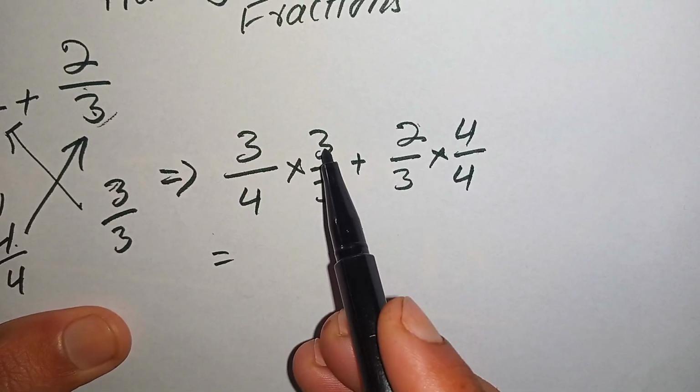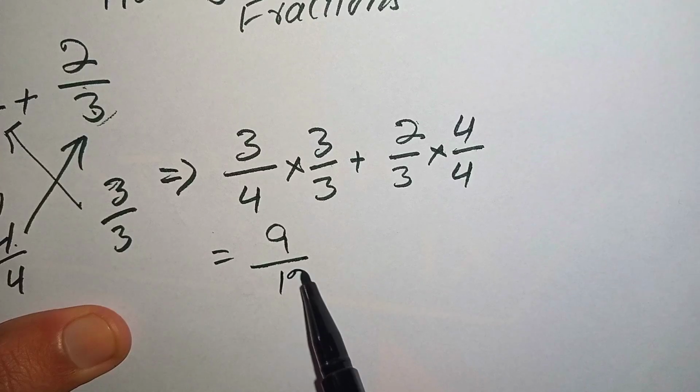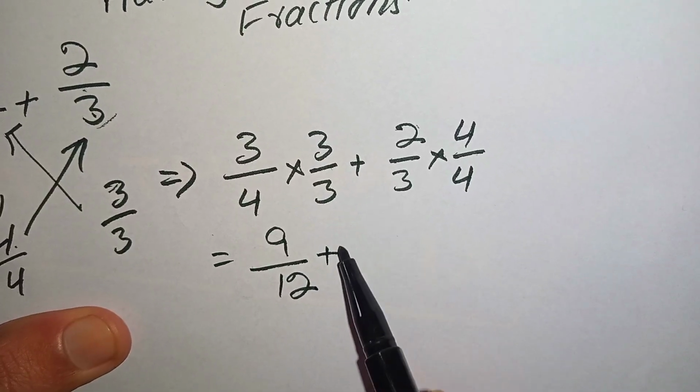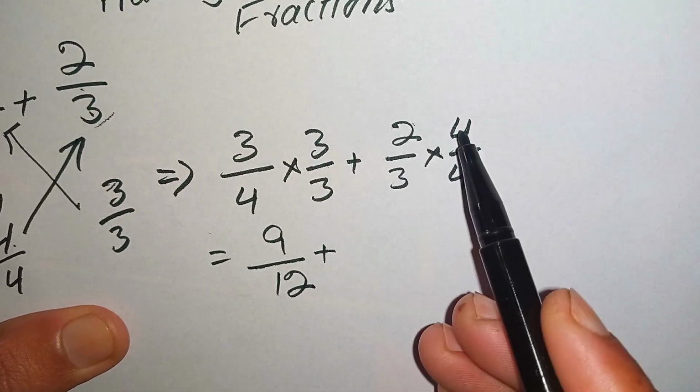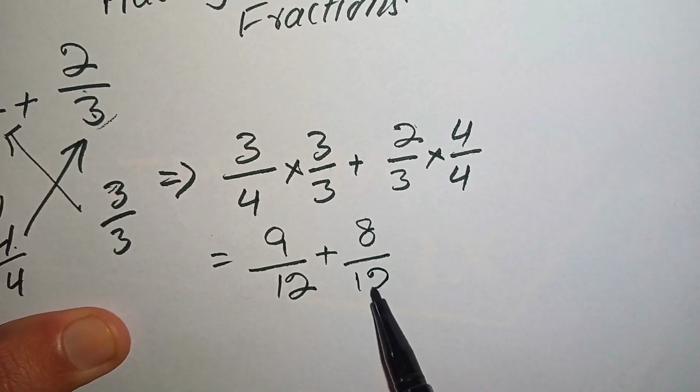Now 3 times 3 is 9 and 4 times 3 is 12. Write this plus sign. 2 times 4 is 8 and 3 times 4 is 12.